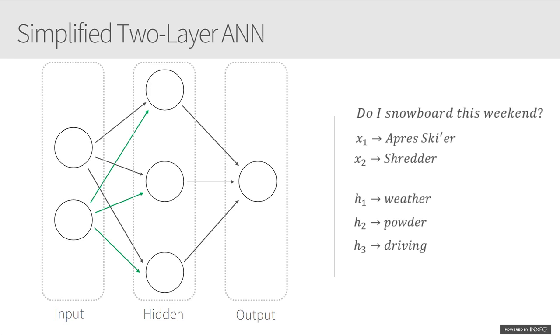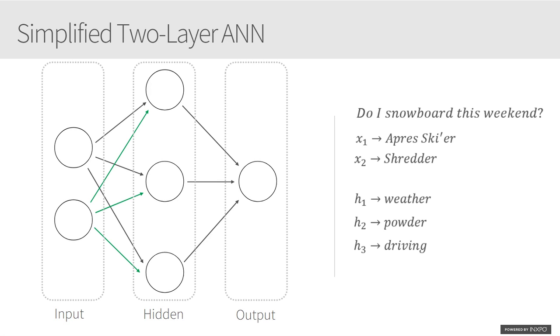We're trying to build an actual network. In this case, I've defined it as: do I snowboard this weekend? There's a persona or part of me that is the après skier. In other words, I like to join the parties afterwards. But there's also a part of me that's very much the shredder, that definitely loves snowboarding a lot.